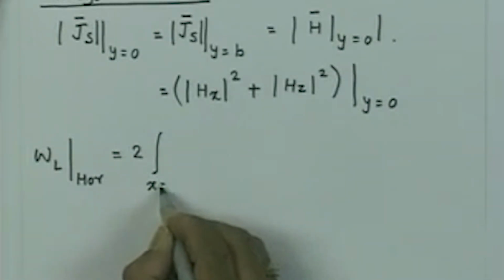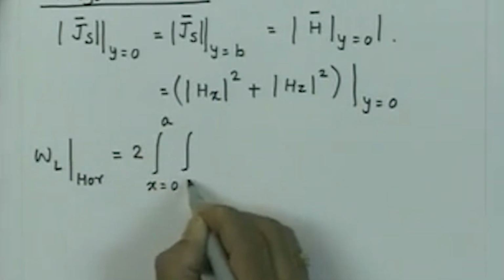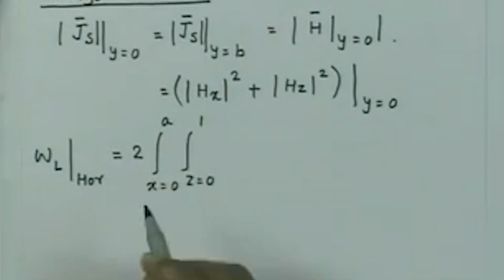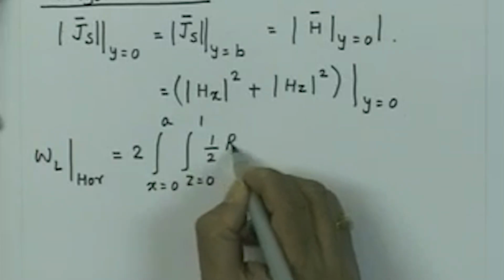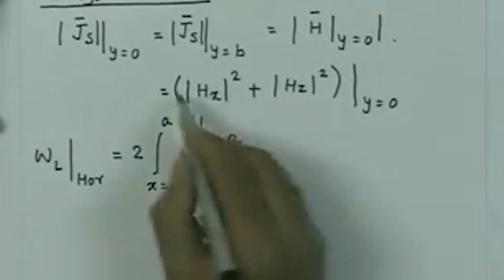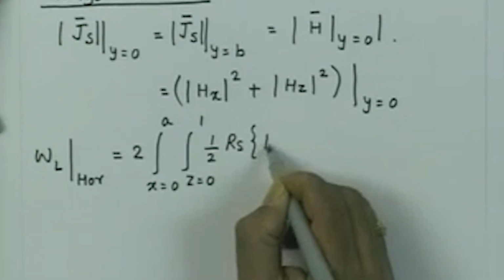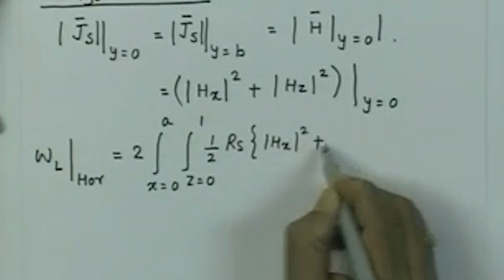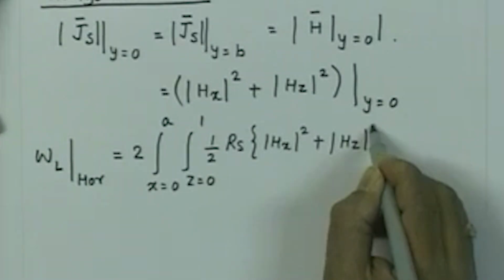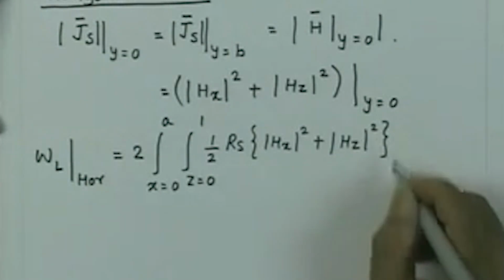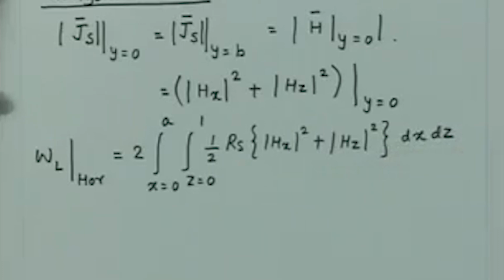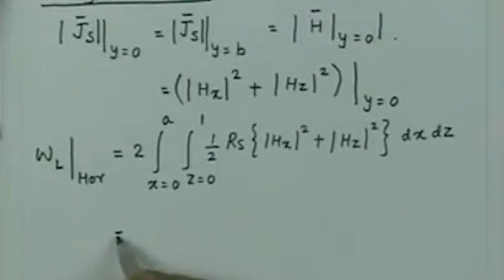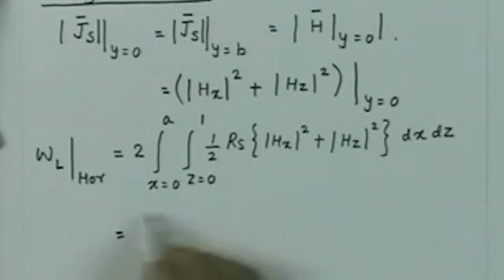So, this is x equal to 0 to a, z equal to 0 to 1, half Rs into |Hx|^2 plus |Hz|^2 at y equal to 0, dx dz. Substituting from these expressions for Hx and Hz, we can calculate this.